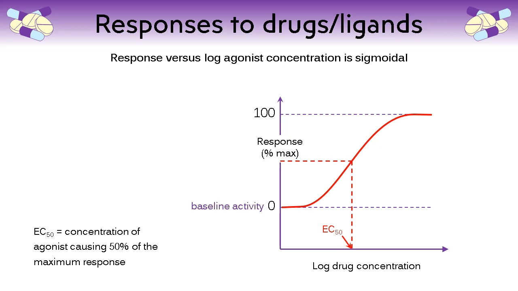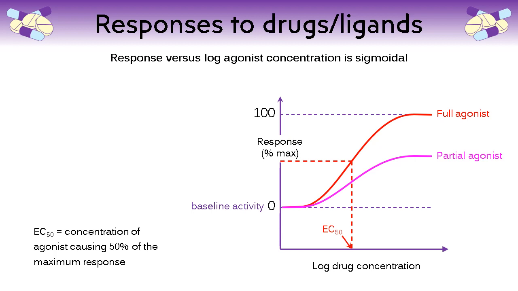Not all agonists are equally effective at producing a response once bound to the receptor. This can be seen as a smaller maximum response. The agonist that produces a full response is known as a full agonist. The agonist that produces a smaller maximum response is known as a partial agonist.